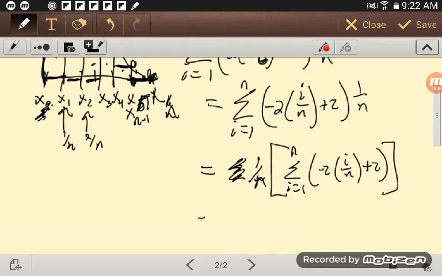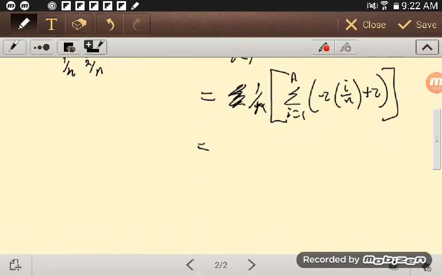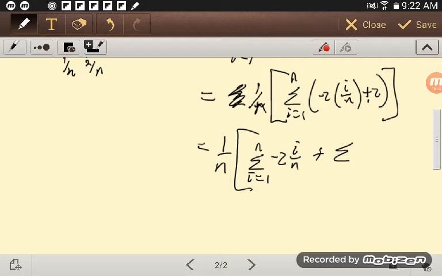But now I can write that as two different sums because I have a plus there. I'll just break apart the sums and rearrange, and I have 1 over n times the sum i equals 1 to n of minus 2i over n, and then plus the sum i equals 1 to n of 2.